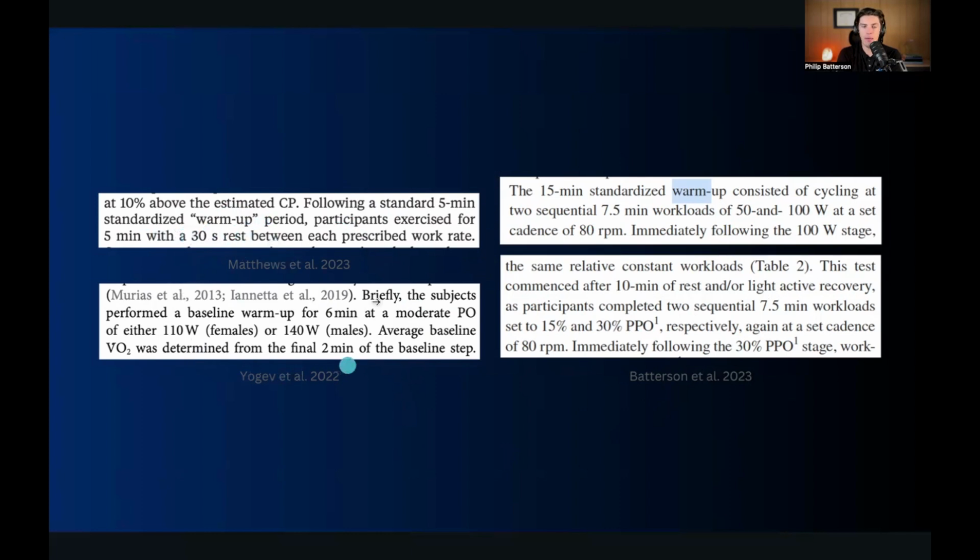And I'm specifically calling out individuals that I've worked with in the past, not to pick on them, but just to use examples of people I've worked really closely with, including myself, which I've highlighted here. We just use a standard warm up, and it's just kind of to say, yep, we did a warm up, and then we went on about our day. We did our actual exercise intensities.